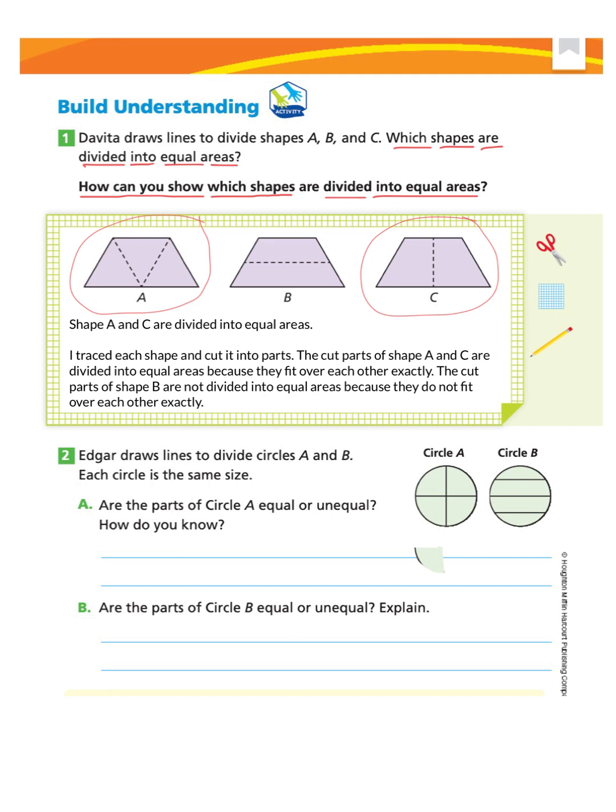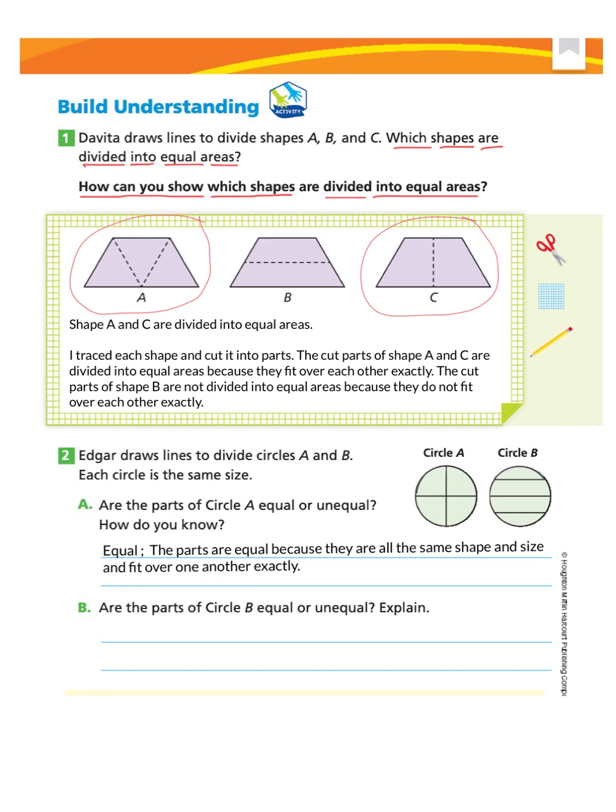We'll flip it one more time and place it here, and it does fit perfectly. So we know that circle A is equal because the parts that we cut out are all the same shape and size, and they fit over one another exactly.